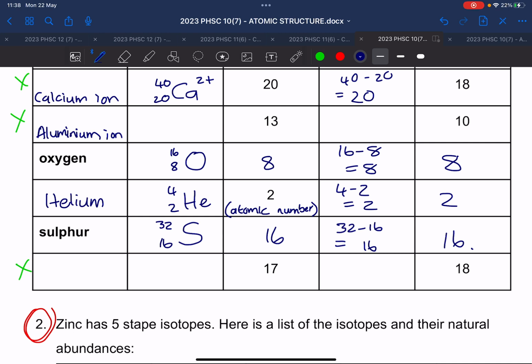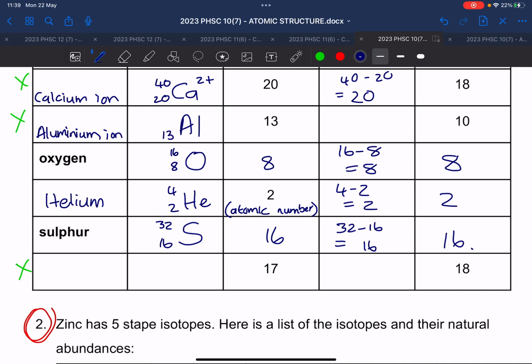What is the symbol for aluminium? Al. What's the mass? No, that's the atomic number.